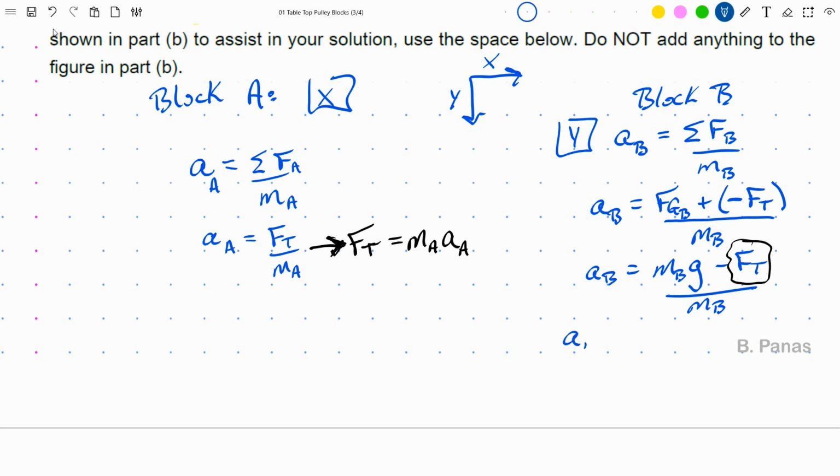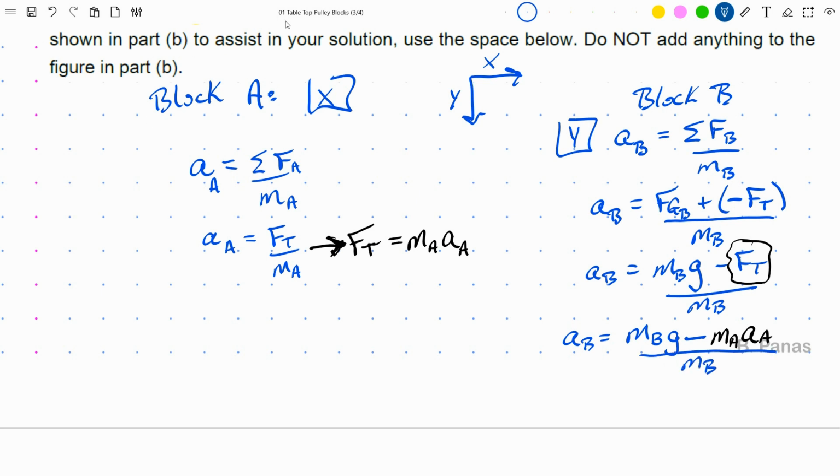So the acceleration of B is equal to the mass of B, let me just make that a bit clearer, the mass of B, g, minus the force of tension, which I'm going to do that substitution here, the mass of A times the acceleration of A, all of which is over the mass of B.